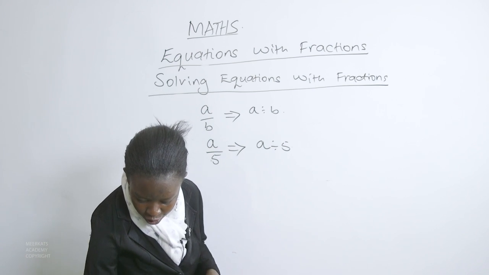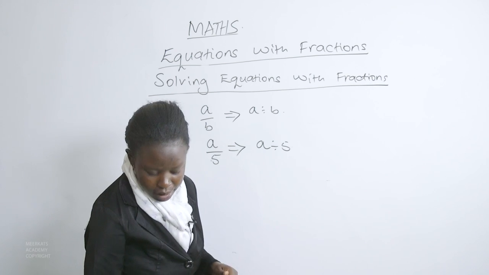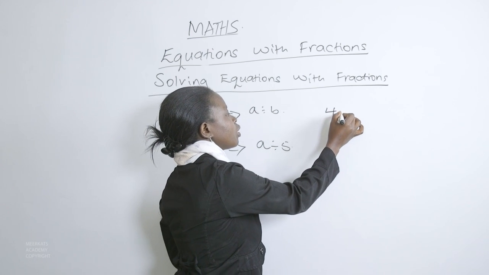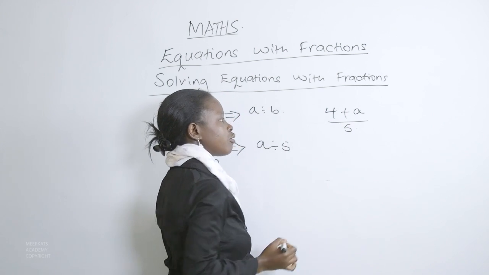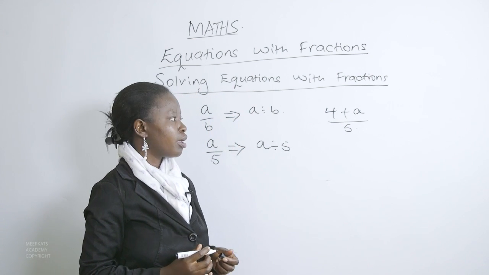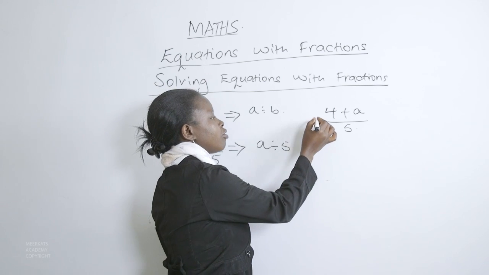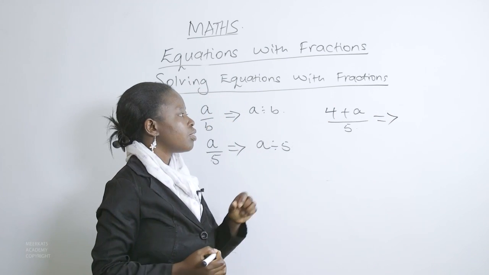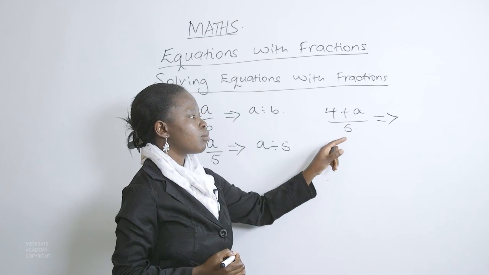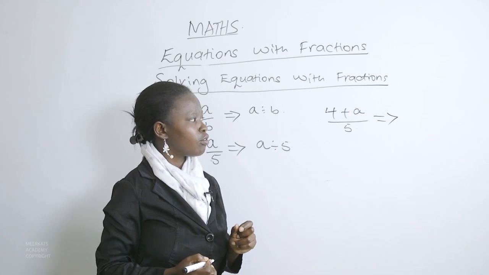Supposing we have an equation like 4 plus a divided by 5, 4 plus a over 5. If we have such an equation, then this implies that there is an addition first before the division.